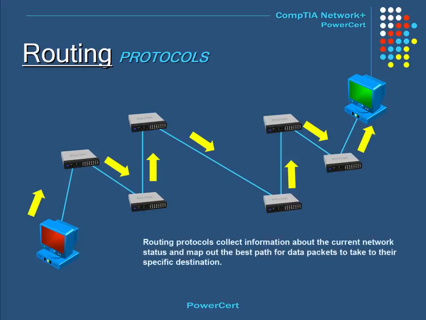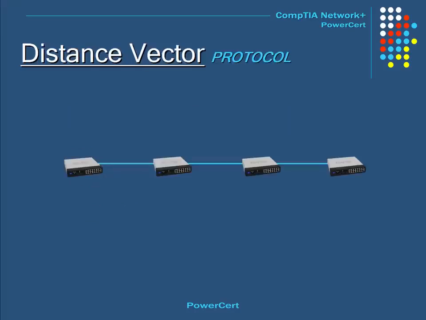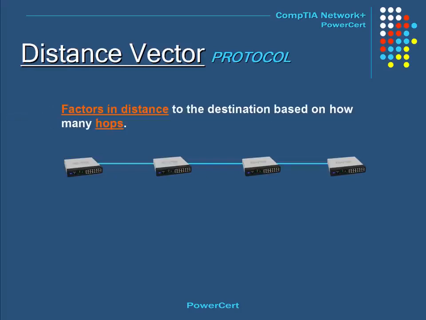Routing protocols collect information about the current network status and map out the best path for data packets to take to their specific destination. Now, there are three different types of routing protocols. There's distance vector, link state, and hybrid. Distance vector protocols factor in distance to the destination based on how many hops.